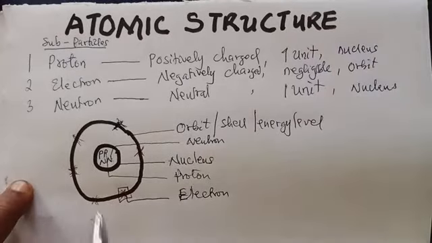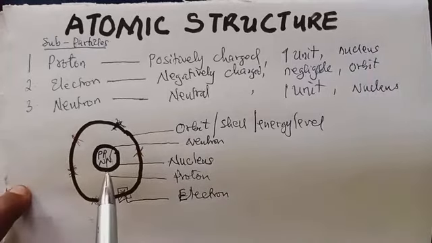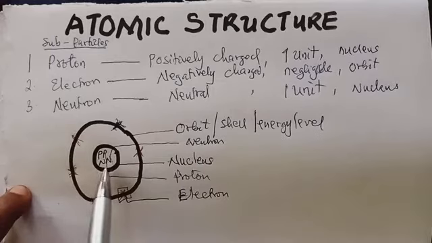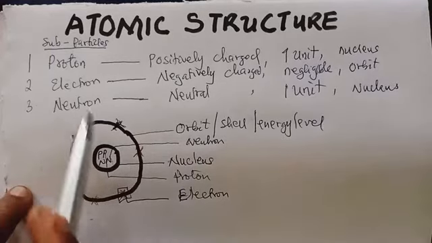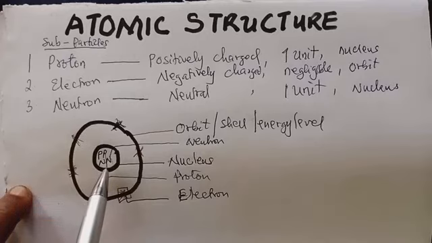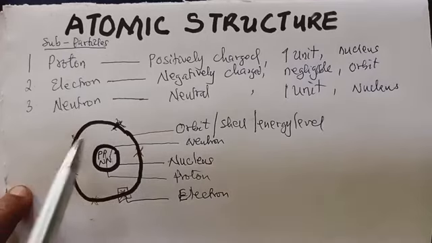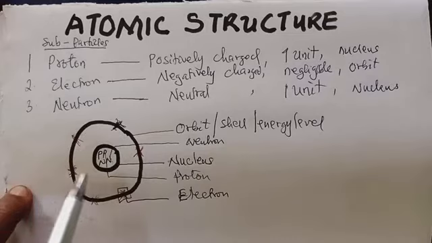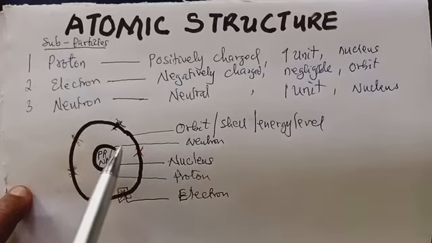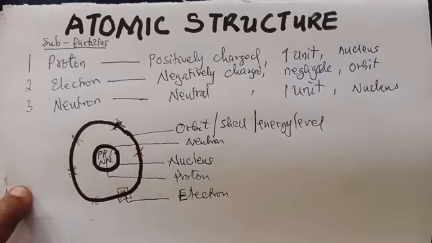So that is why Rutherford was saying that the atom consists of a dense, positively charged nucleus, because it is the weight of the neutron and the proton that will determine the weight of the atom. And since the mass of the electron is negligible, it will have no significant effect on the weight of the atom. No wonder the nucleus was dense as proposed by Rutherford.